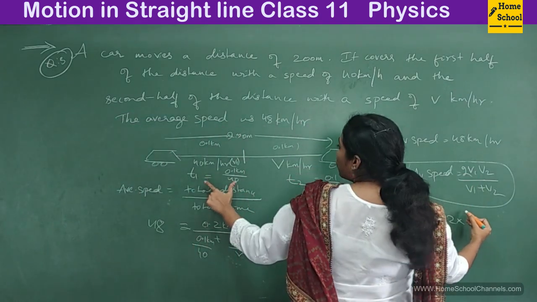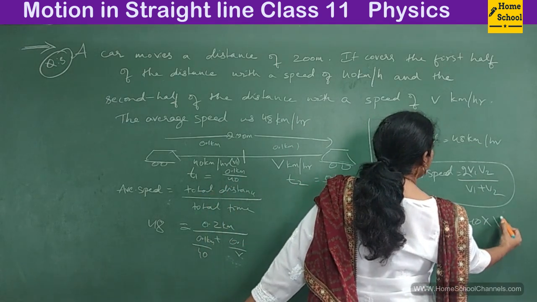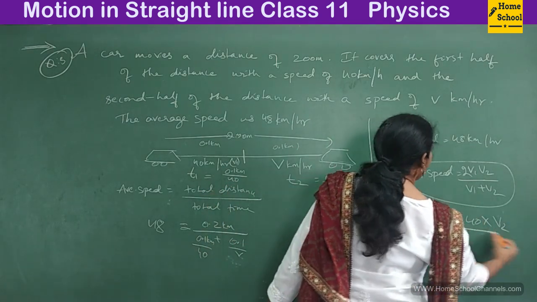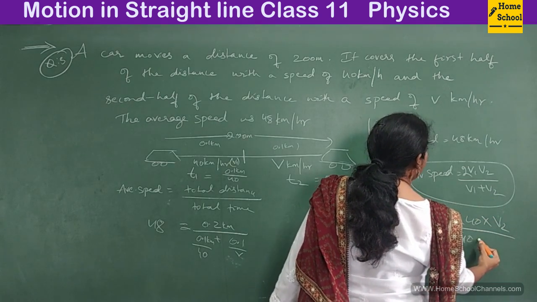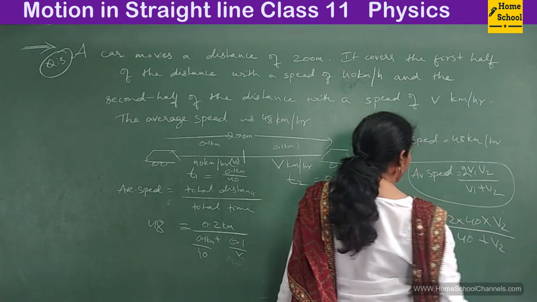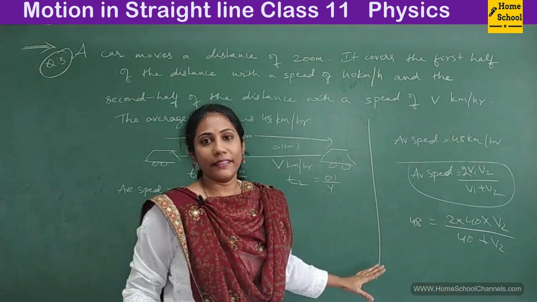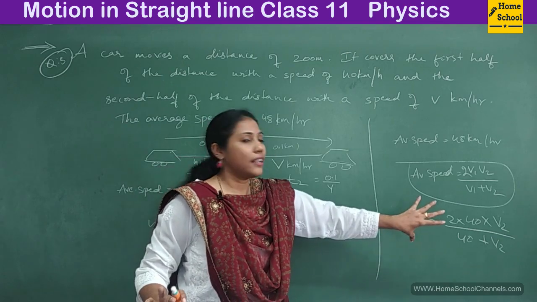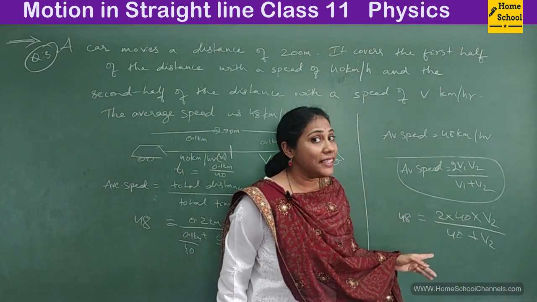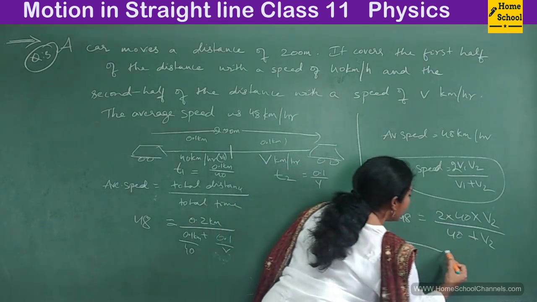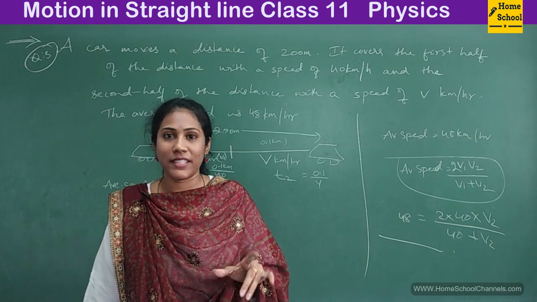So 2 into how much? 40 into V2, which we don't know, divided by V1, which is 40, plus V2. By this shortcut formula also you can calculate. This is much easier in calculation compared to this, right? See guys, you can calculate the answer and post it in the comments. Let me check who will post the answer first.